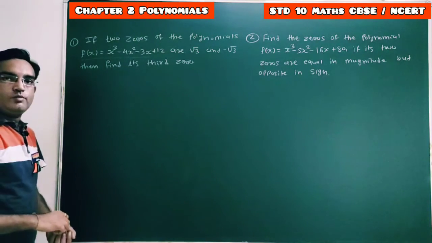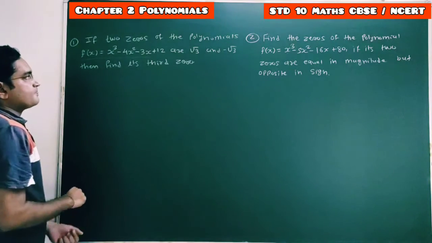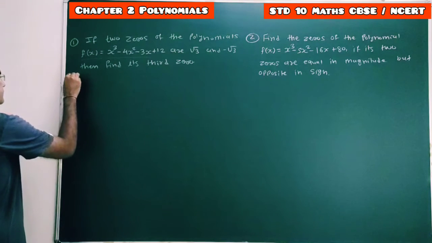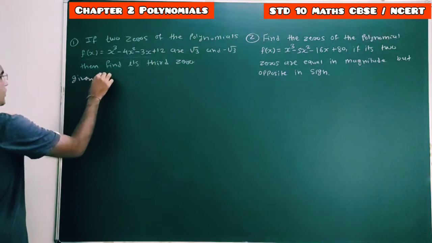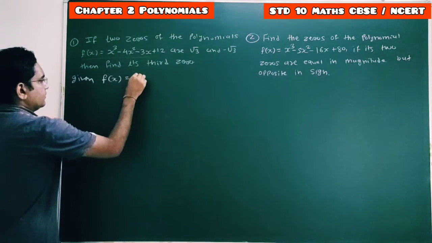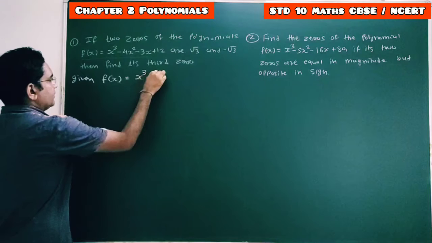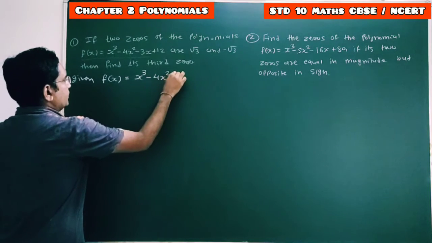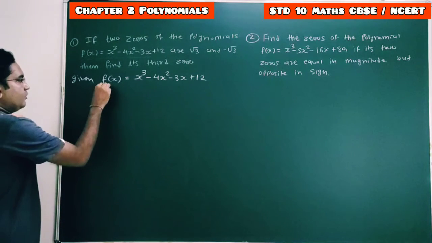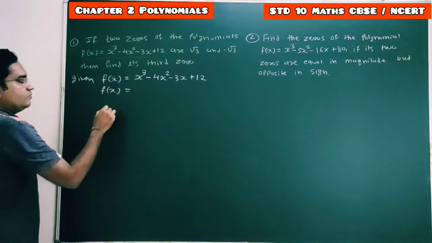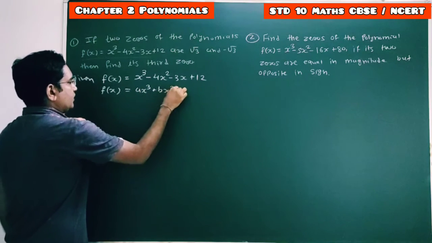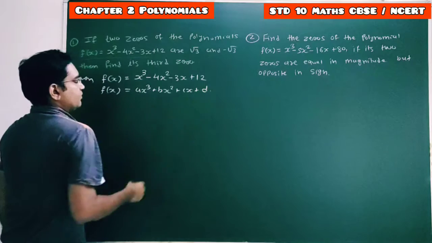For any cubic polynomial, a maximum of 3 zeros are there. So out of those 3 zeros, 2 zeros are given. So here, the given polynomial is f of x, x cube minus 4x square minus 3x plus 12. Compare this polynomial with the standard form, which is ax cube plus bx square plus cx plus d.